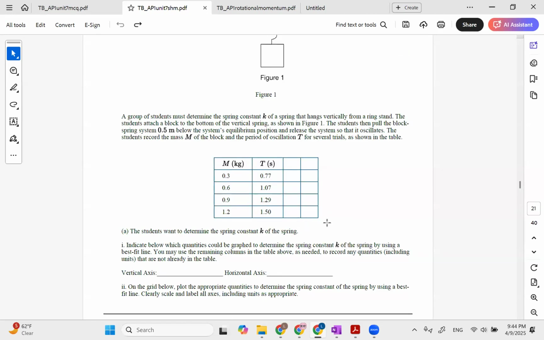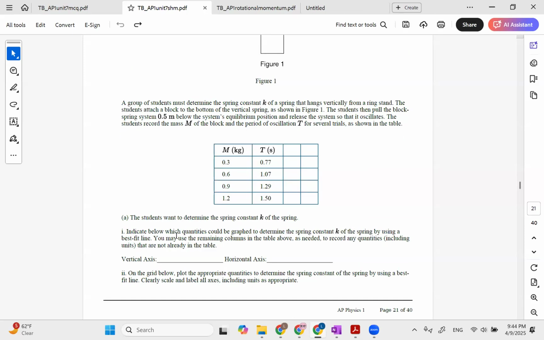So how do you draw it? What is on the x-axis?